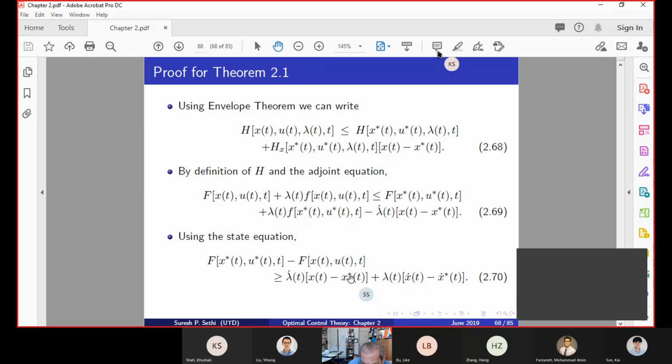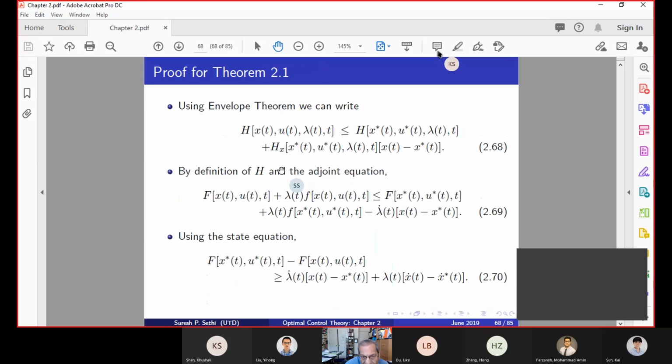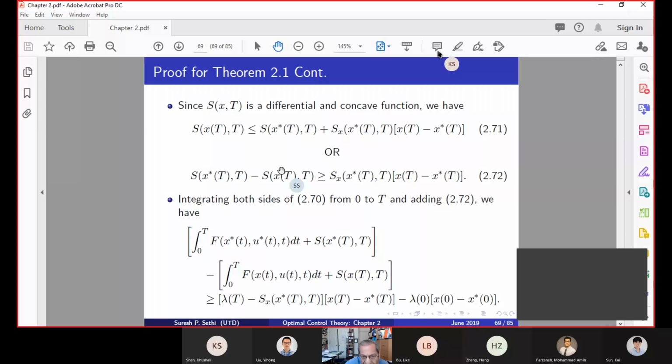This is d of lambda x, and when you take it from 0 to T, I will have a capital T and a capital 0. That's what I get. Let's assume that S is 0 for the time being, so let's ignore this.